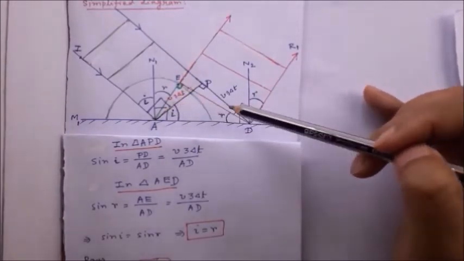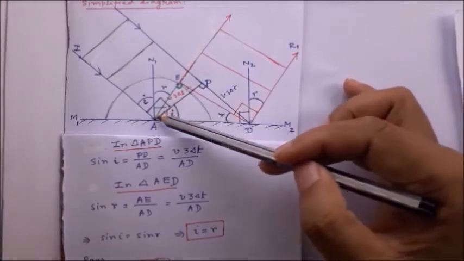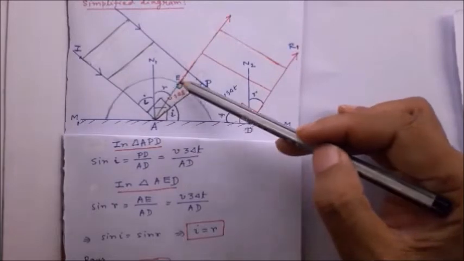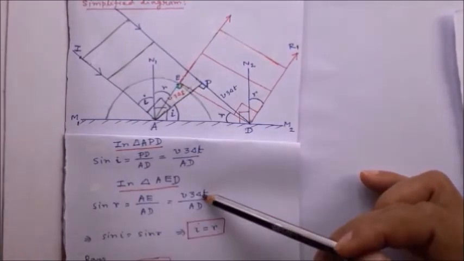Now sin of R is perpendicular AE divided by the hypotenuse, that is AD, and AE is V3 delta T.